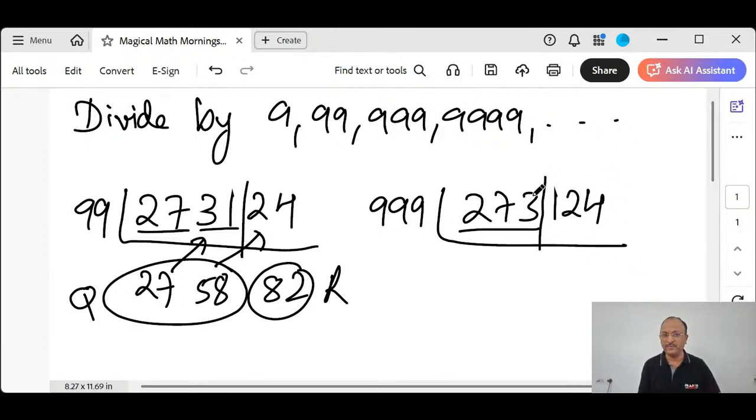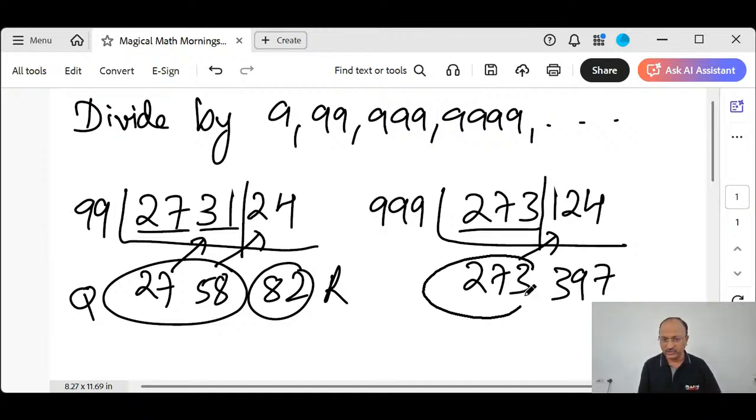Remaining numbers we'll group as 3. So 273 we'll write as it is. Then you add this, what will you get? 793. So this is the quotient, this is the remainder. Isn't it crazy how fast we are able to do this? Small numbers you can write in maximum 2 seconds. This is the guarantee I give.